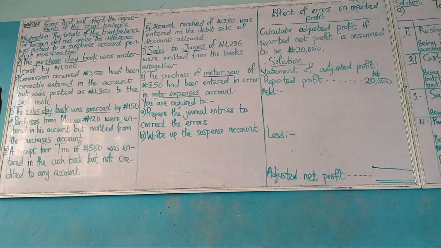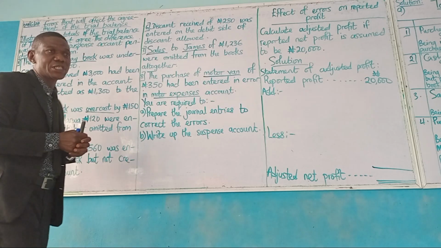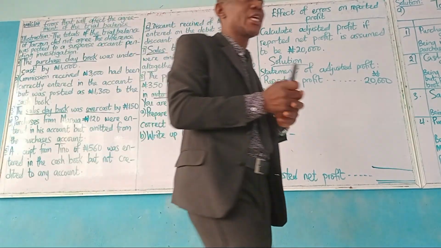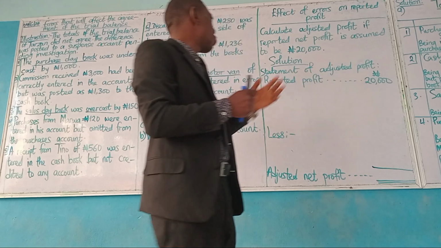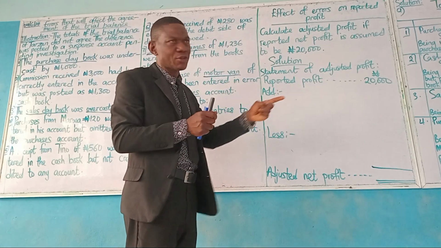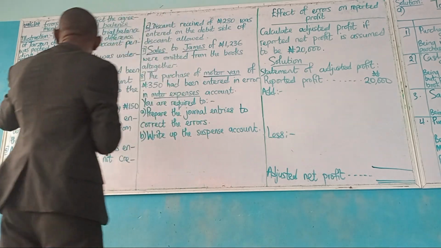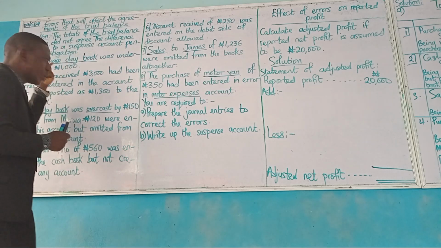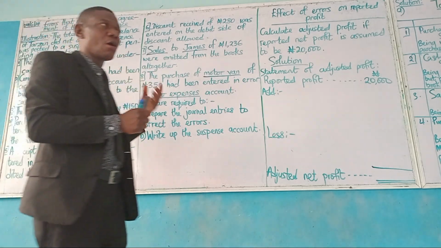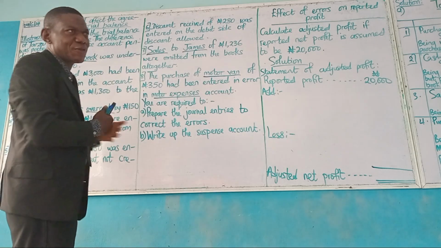We are starting with number one, which says the purchase value was undercast by 1,000 naira. Now let me say this. To know whether an error is going to be added back to the net profit or subtracted from the net profit, you must be able to know in which of the accounts this error is going to have effect.